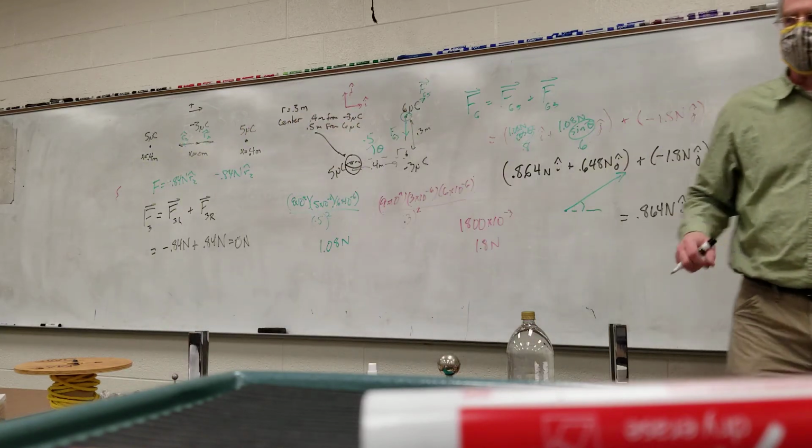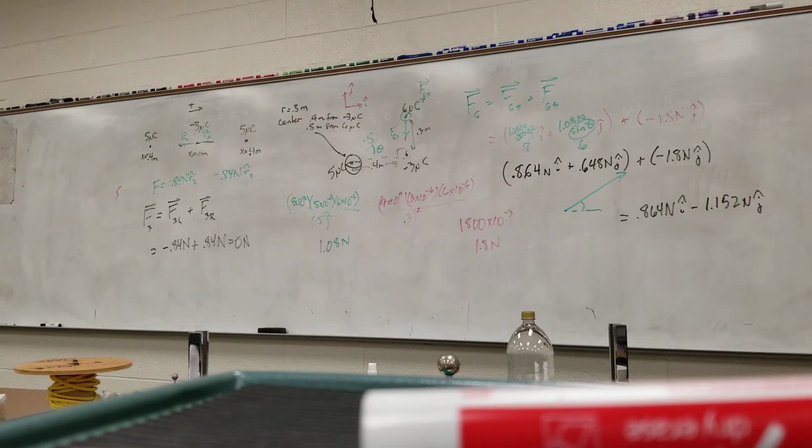Now, how does the problem change? Would you split it up between the point particle in the center and its radius, and then from the radius to the other one, the 6 microcoulomb charge? So you're breaking it up into two steps.